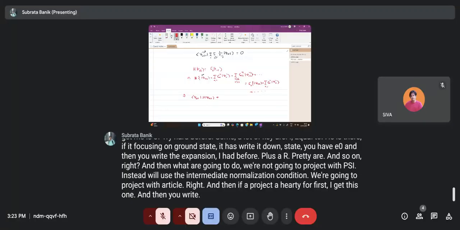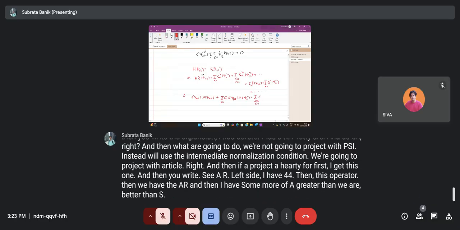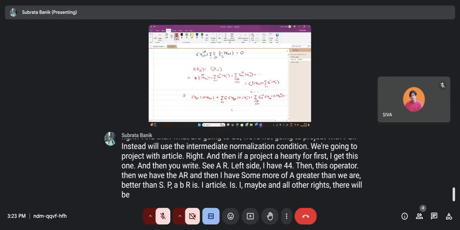And then you write c_a^r, left side I have Hartree-Fock, then this operator, then we have c_a^r, and then the sum over a greater than b, r greater than s, c_ab^rs, Hartree-Fock H psi_ab^rs, and all the other right side will be the same way.